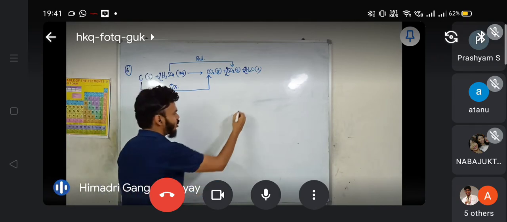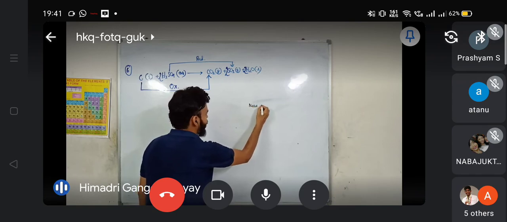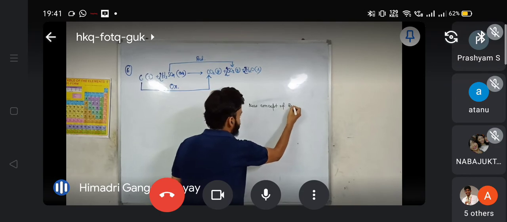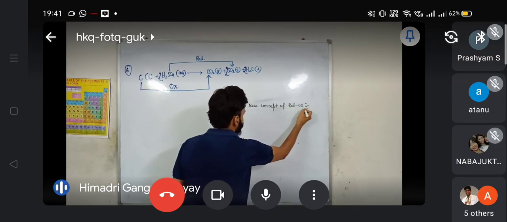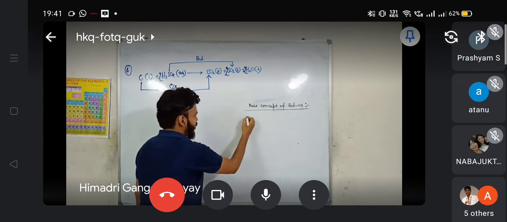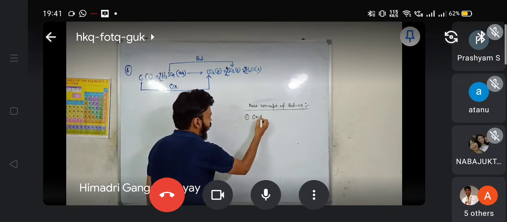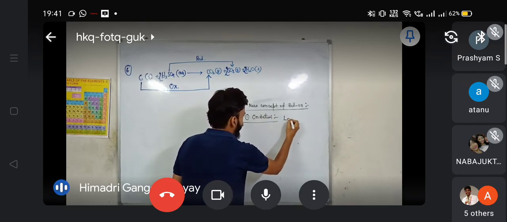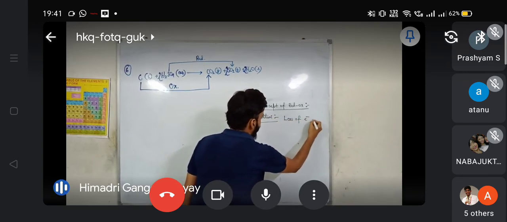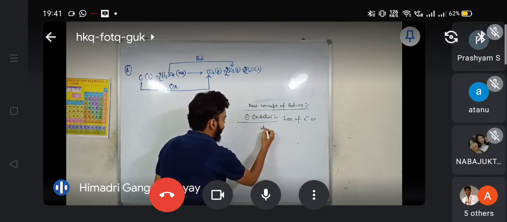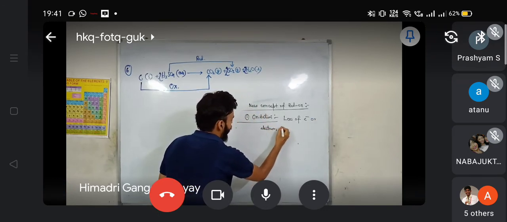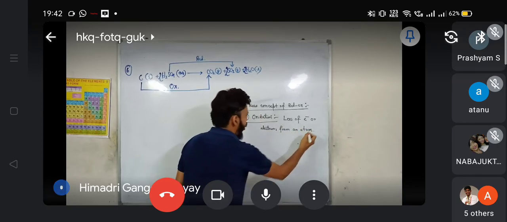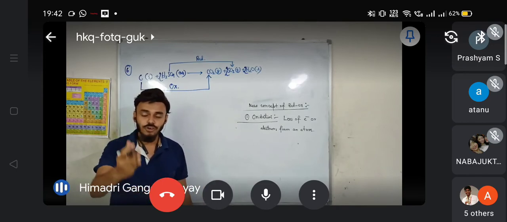The modern redox concept, or the new concept of oxidation and reduction. The first one is oxidation. That means loss of electron or electrons from an atom, okay? And from a molecule or from an ion.